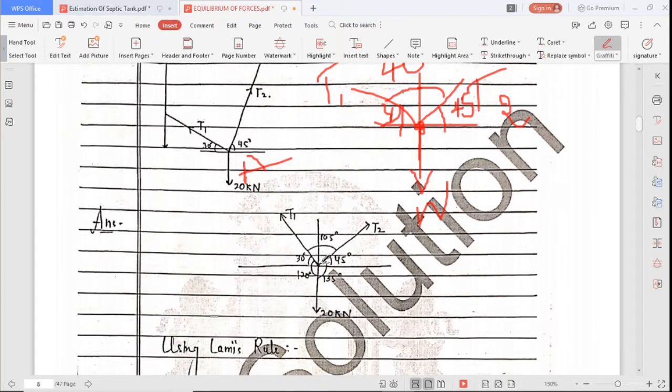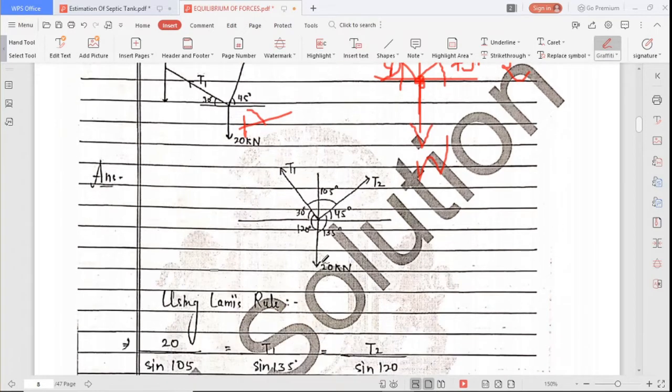So we have three forces, and all are coplanar concurrent forces. So we can use our Lami's theorem. What is Lami's theorem? Each force divided by the sine of the opposite angle.